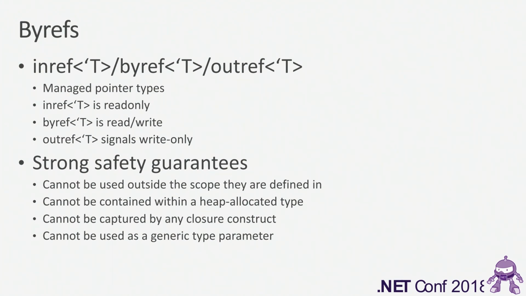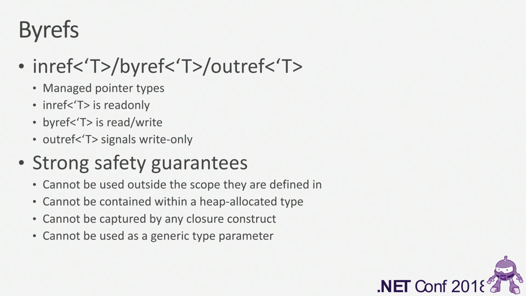So if I define an inref, for example, or a byref in a given scope, and then I try to have that reference escape that scope somehow, like say I have a function, and I try to have the reference to that value that I defined inside of that function escape the function scope, we disallow that completely. That's actually unsound, and it can lead to, depending on the way you use that value, a crash at runtime, even though the code compiles just fine.